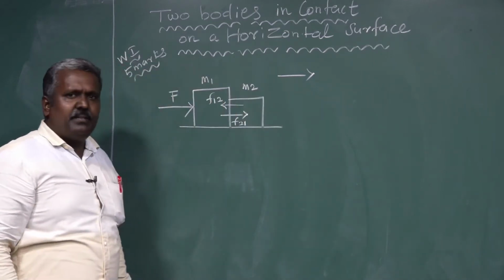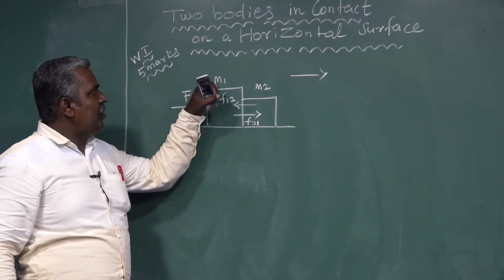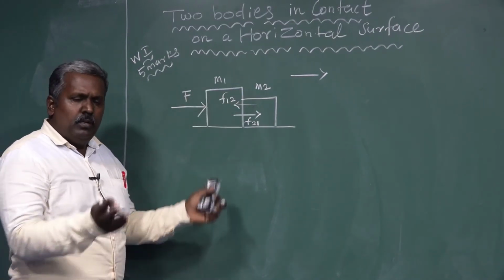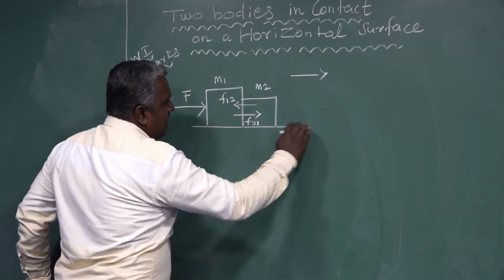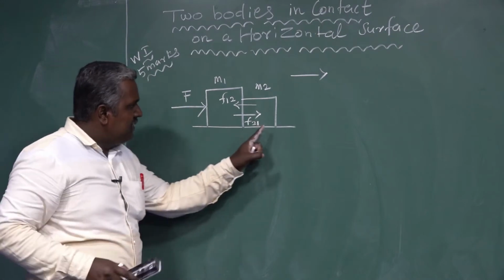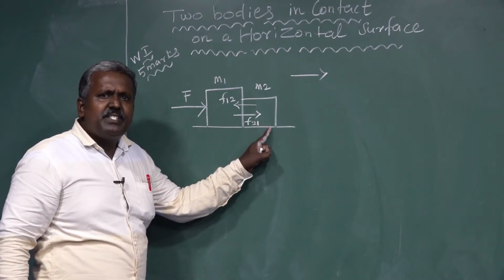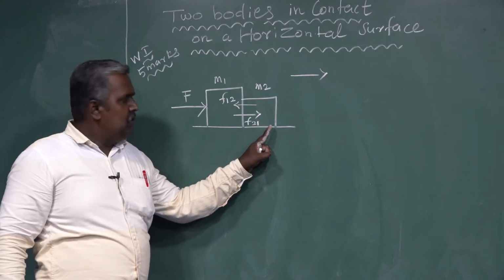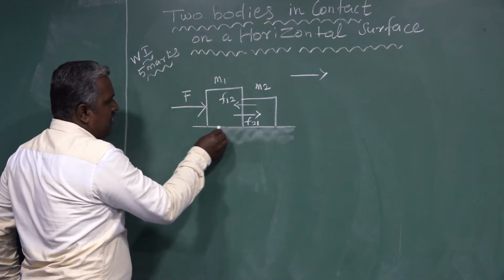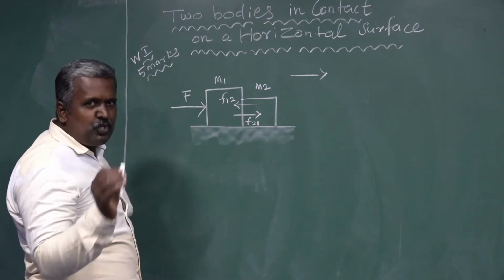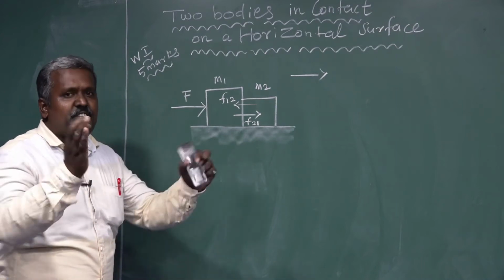Let us consider two blocks of masses M1 and M2, both in contact, placed on a horizontal, smooth, frictionless surface. This surface is horizontal, at the same time smooth and also frictionless, no frictional force.